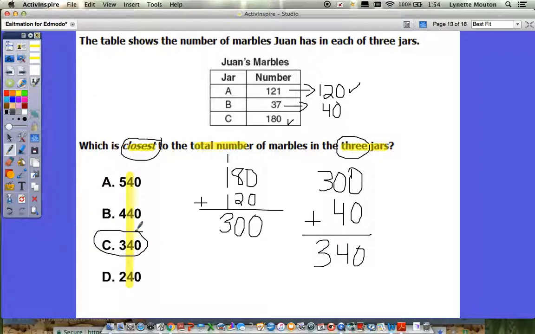Again, it's important that you follow the steps, no matter how silly it might seem. Miss Mouton, I could just throw the 40 under here. But when we did some examples in class, lots of you were forgetting to add those numbers that you had regrouped up here because you wrote it too small or it was sloppy or you couldn't see it. And then you forgot to put it in.